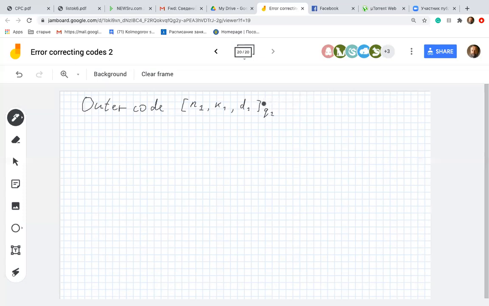Informally, Q1 is large, and we want to decrease it somehow. To this end, we use the inner code, whose parameters are N2, K2, say, and D2, and the alphabet is Q2.